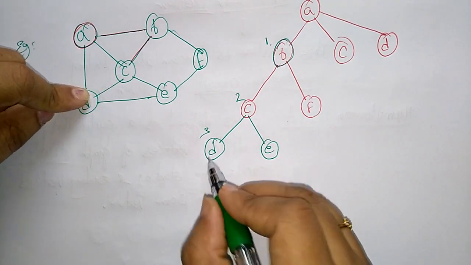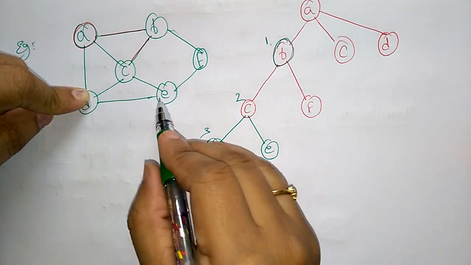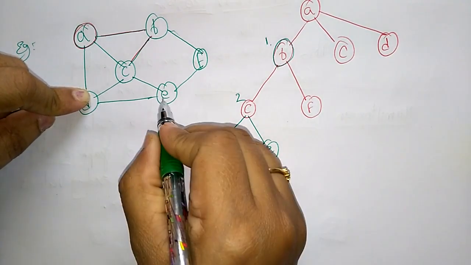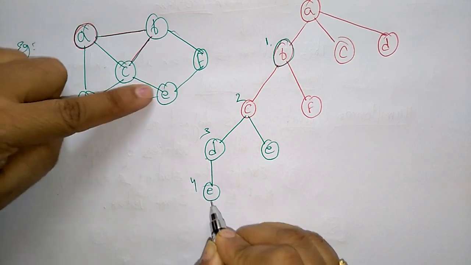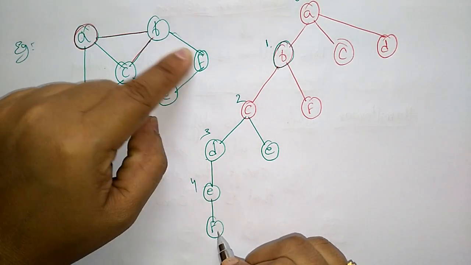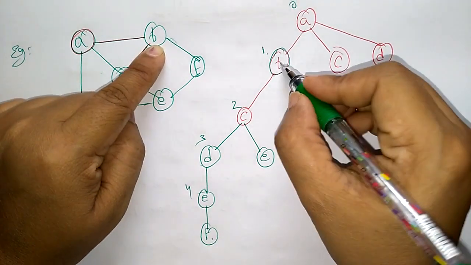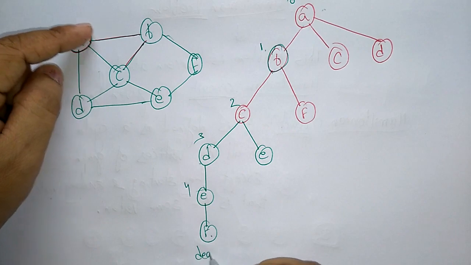Now coming from D, A is already visited, so the next vertex is E, which is level 4. From E we go to F. From F, if you go back, B is already visited in this particular path, so this becomes a dead end.